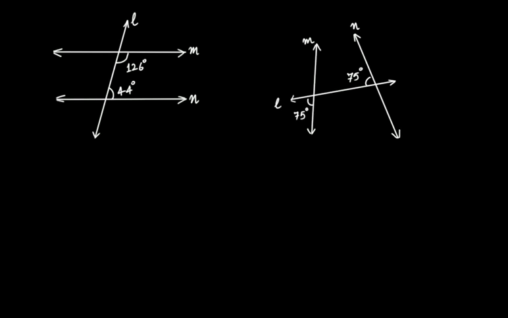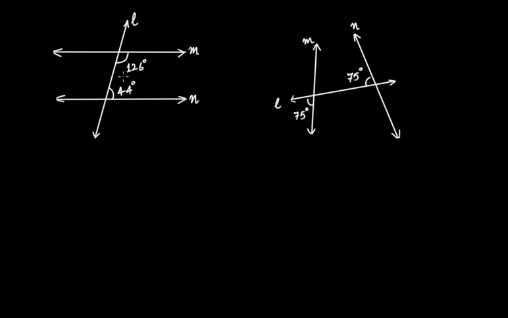What about this one? In this, line M and line N, and this is a transversal L, the information given to us is 126 degrees and 44 degrees. These two angles are 126 degrees and 44 degrees.